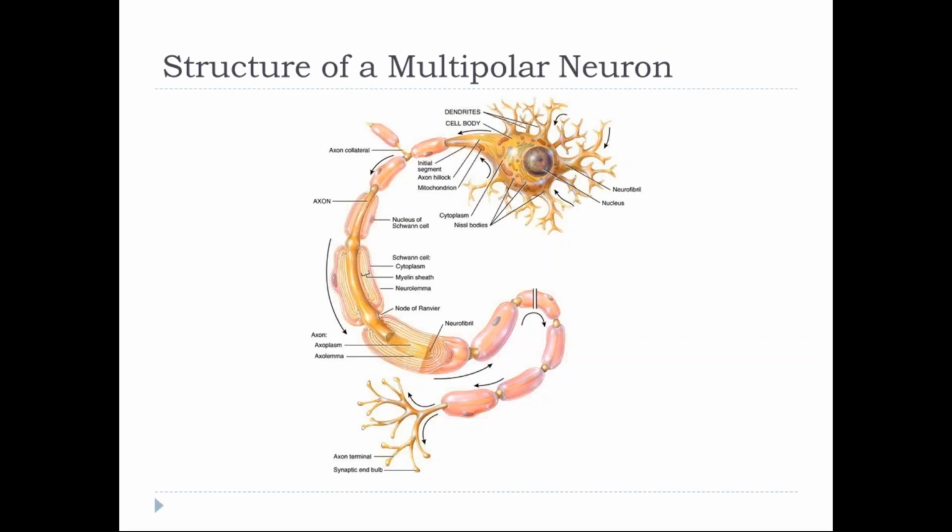And in the case of this multipolar neuron, the axon is myelinated. It's in the peripheral nervous system, so the neuroglial cell that does that is the Schwann cell, or the neurolemmacyte. Okay? So the neurolemmacyte does the myelin on the axons in the peripheral nervous system.